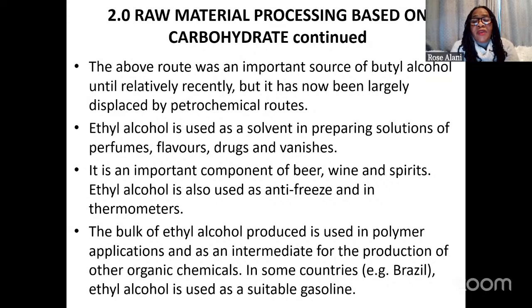The bulk of ethanol produced is used in polymer applications and as an intermediate for the production of other organic chemicals. In short, it can also be used as gasoline. It's been used in some places like Brazil as gasoline.